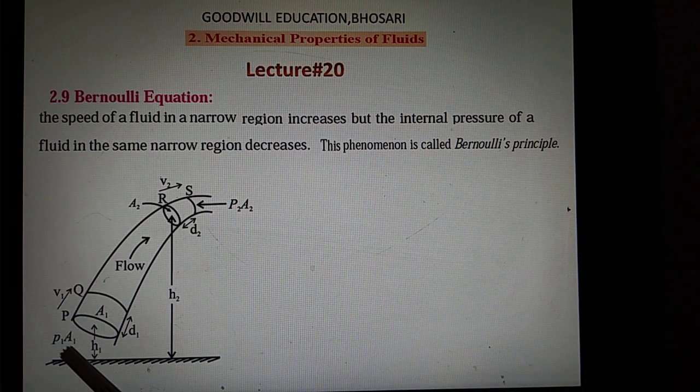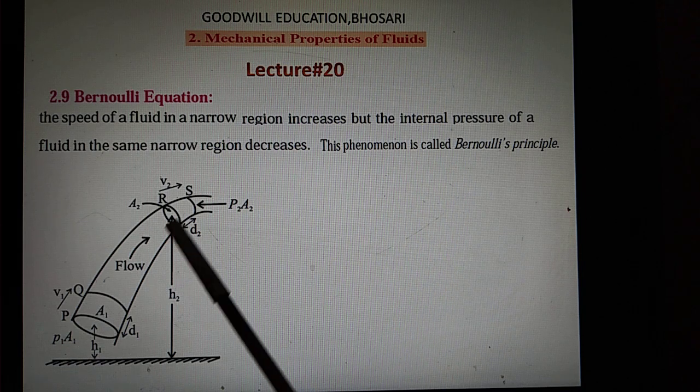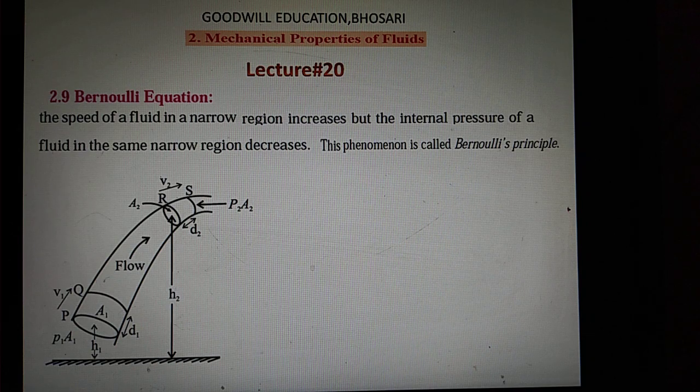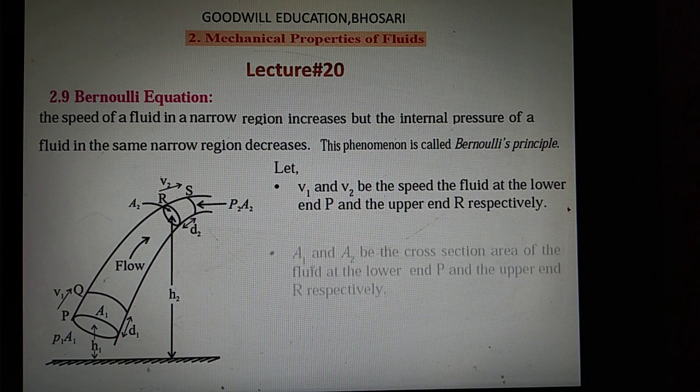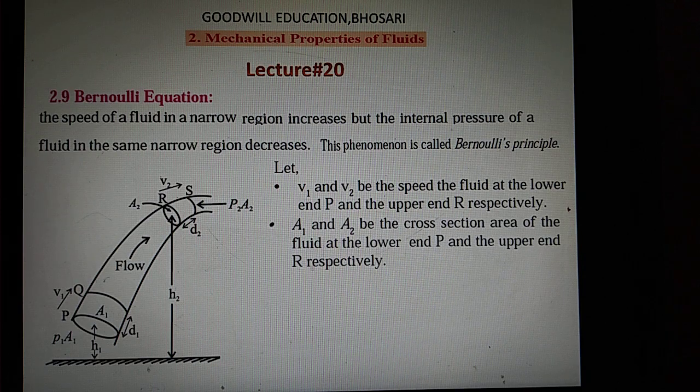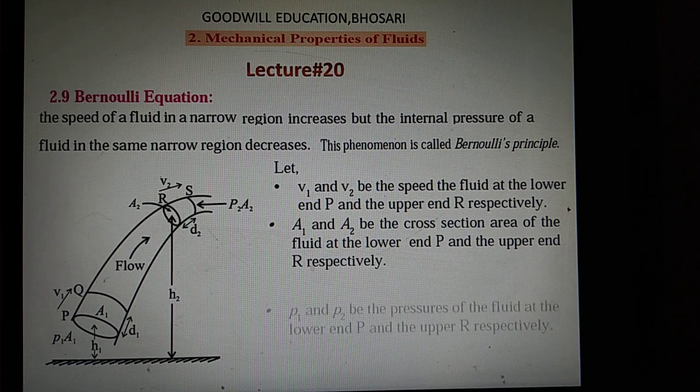Similarly, the force acting at this point is P1 A1, and here P2 A2, both are the forces acting. So v1 and v2 are the speeds of the fluid at the lower end P and the upper end R respectively. A1 and A2 are the cross section areas of the fluid at the lower end P and the upper end R respectively.